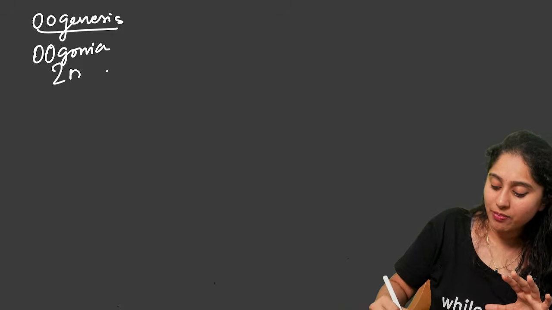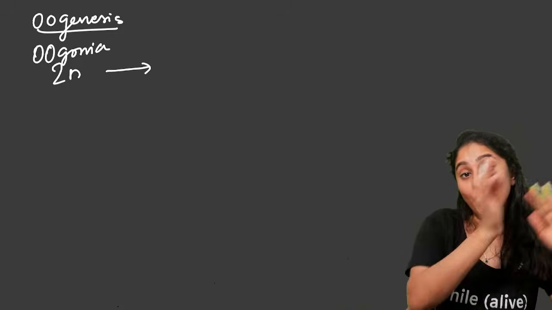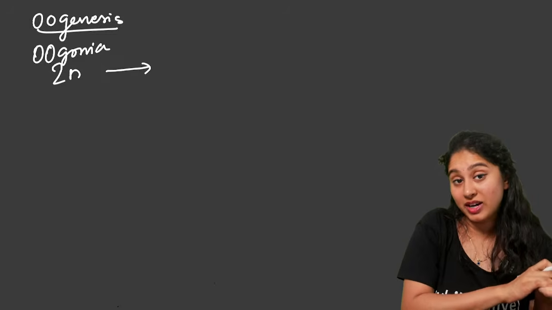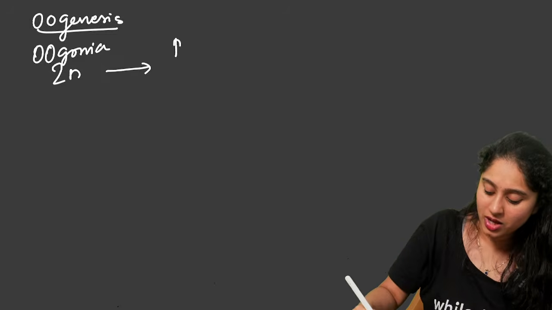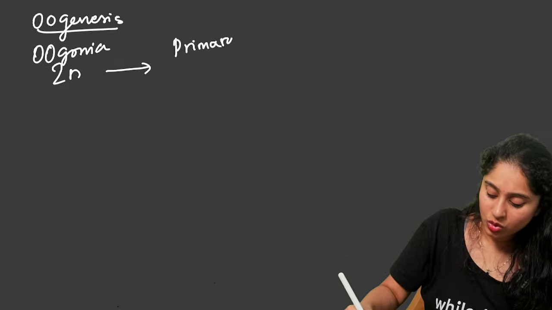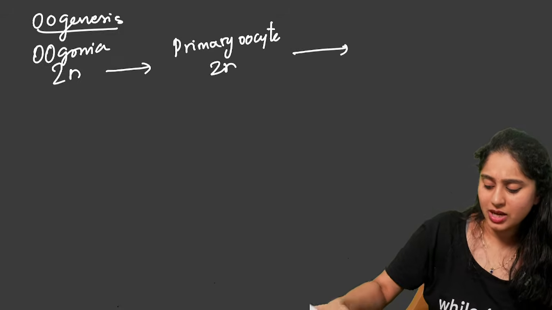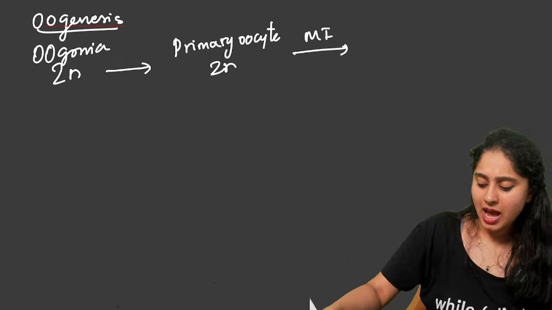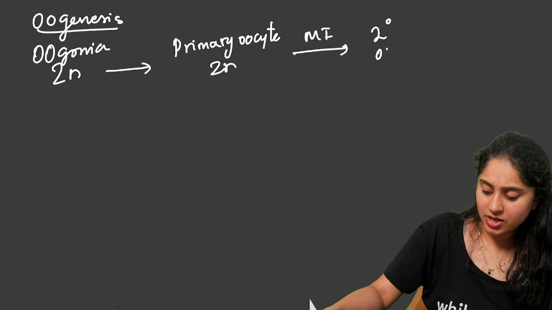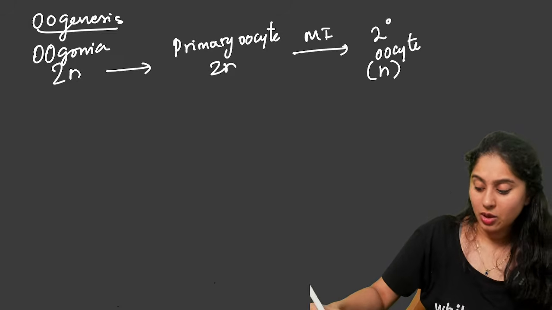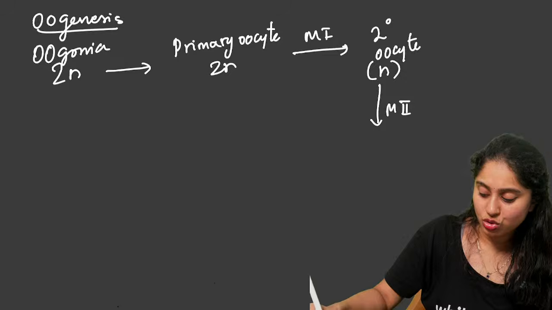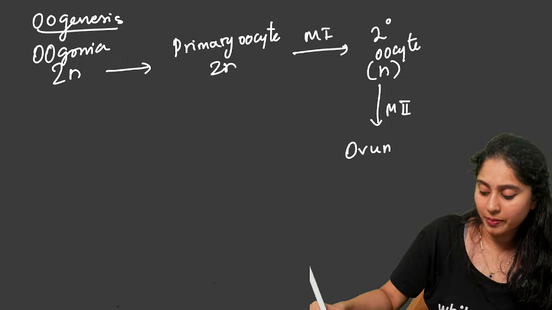From the oogonia, like how it differentiated into a primary spermatocyte, I'm also going to have a primary oocyte. Everything is the same, which is also 2N. This will undergo meiosis 1 and it will produce a secondary oocyte, which is N in nature. Now this will undergo meiosis 2 and it will form the ovum.